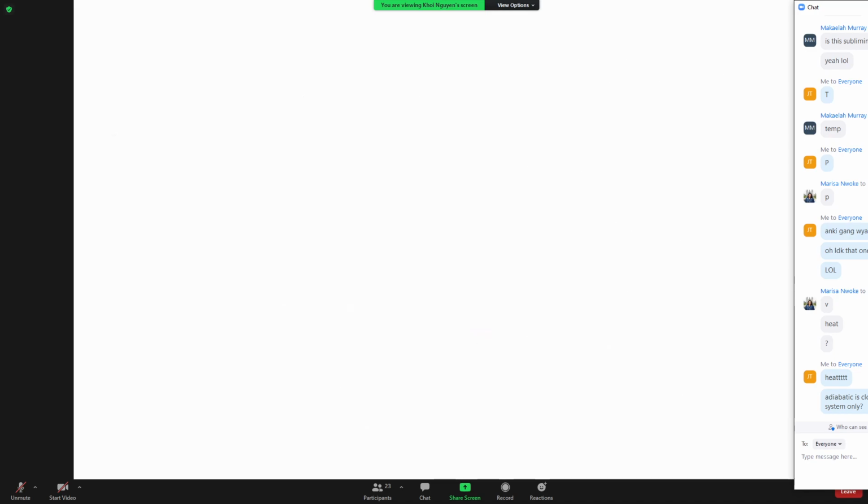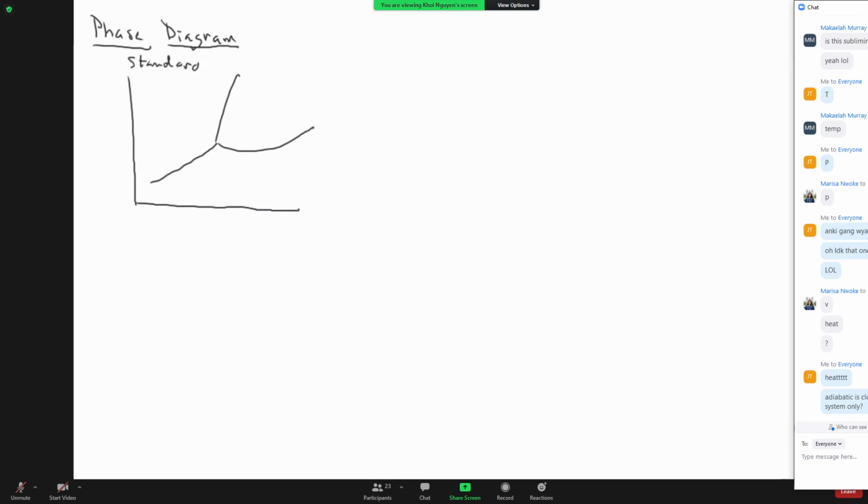So let's look at the phase change diagram. So this is your standard diagram. So where's your phases?